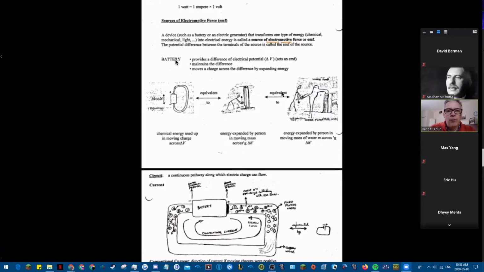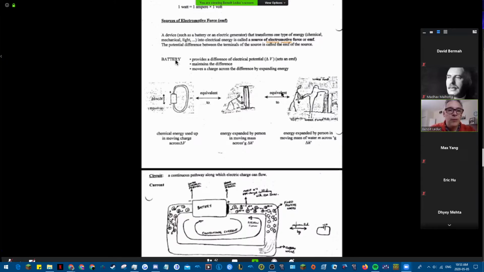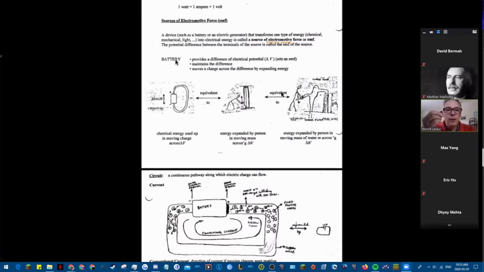The goal of the battery is to provide a difference in electrical potential, because if there's no difference in electrical potential, there won't be any current moving. I repeat, no difference in electrical potential, current will not move. In order for water to flow, you need a difference in height. If you have a pipe, you need to tilt it.